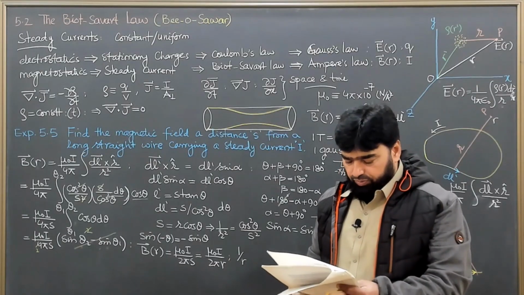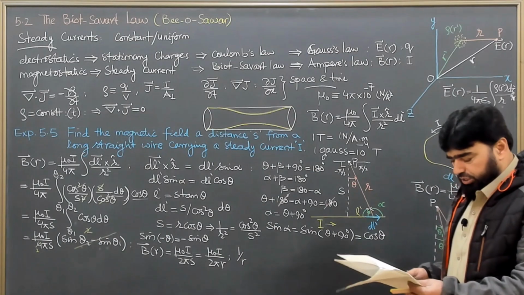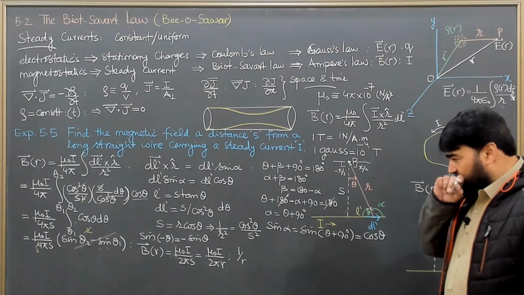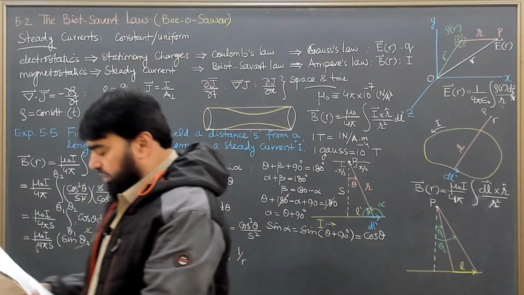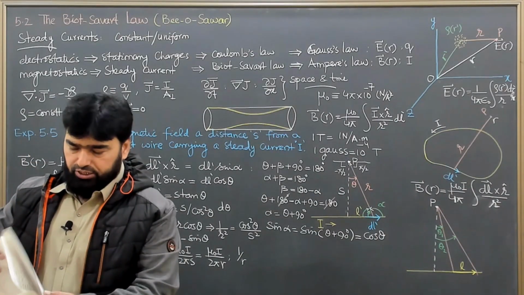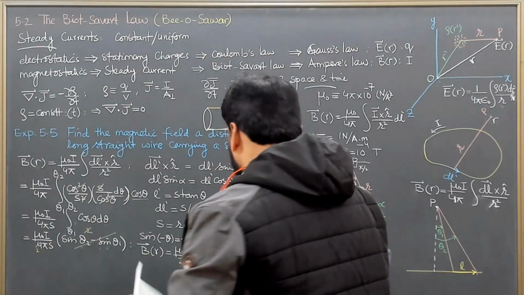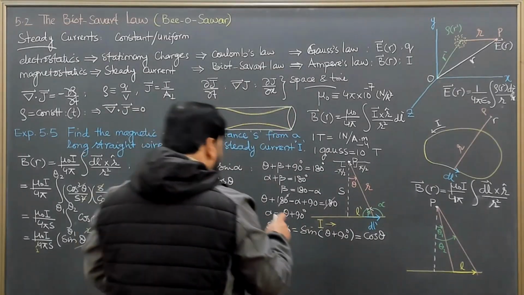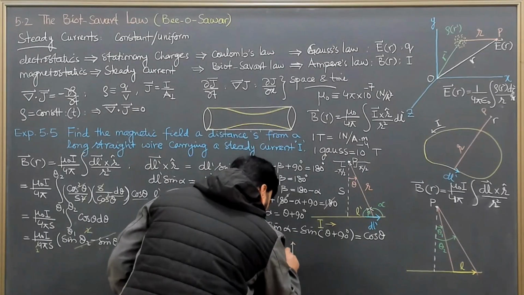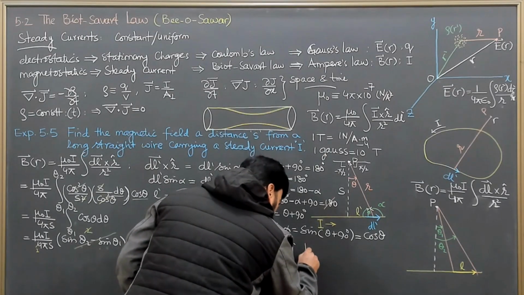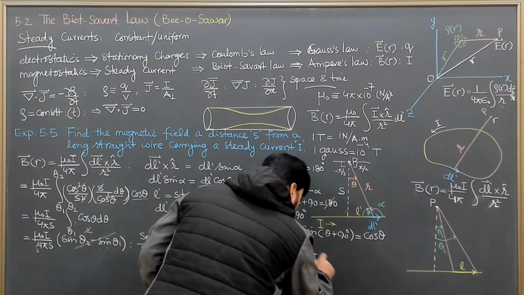And then from here we can calculate another scenario, that if we are having two wires, let's say one wire carrying current I1, and the other wire also carrying current I2.